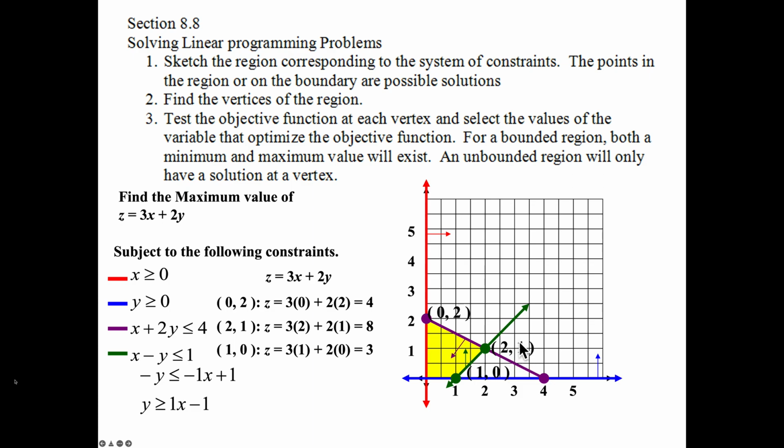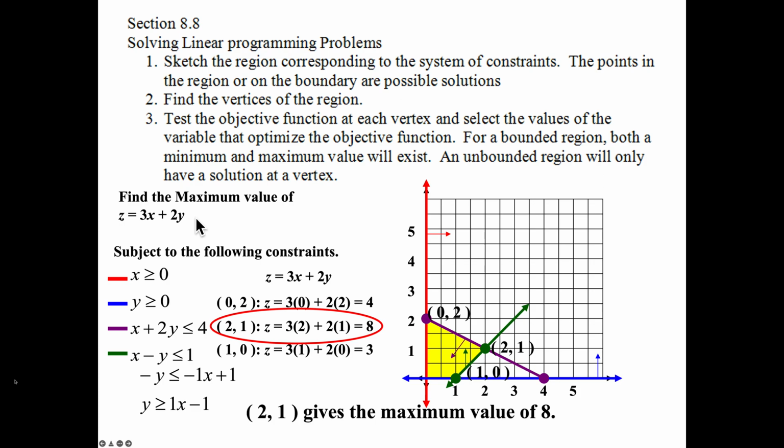So since this point is technically now larger than this point, and we're looking for a max, no reason to test it. Definitely had to test 0, 2. Yes, 2 is bigger than 0, but 1 is not bigger than 2, so we have to test it. So since 2, 1 generated a value of 8, that point at 2, 1 gives us the maximum value. Okay?